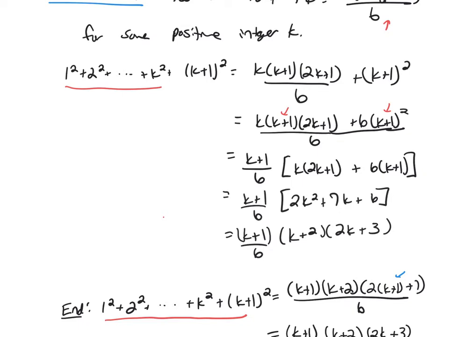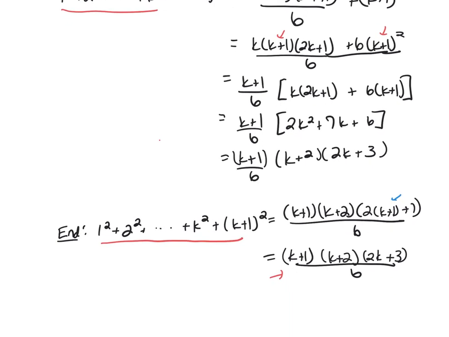Everything's positive. Yep, you'll get 2k squared plus 7k plus 6. And if you look, that's exactly what we needed to get down to down here.